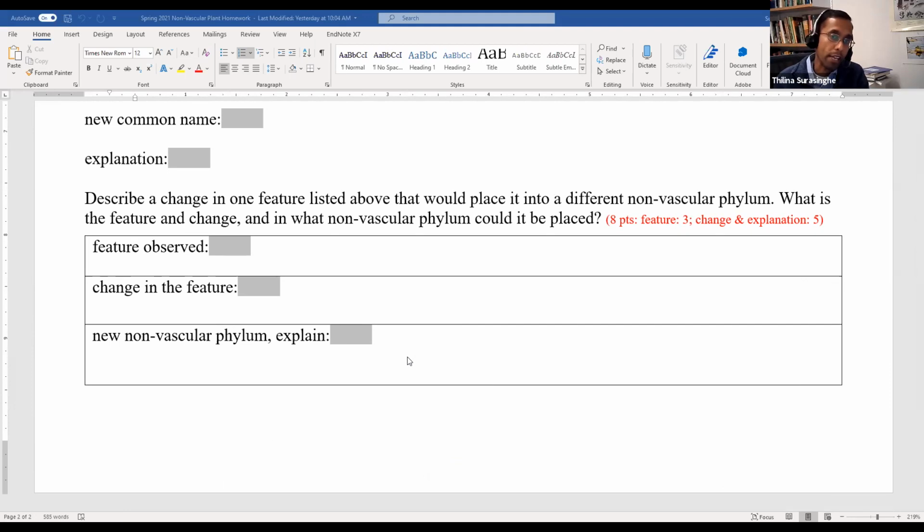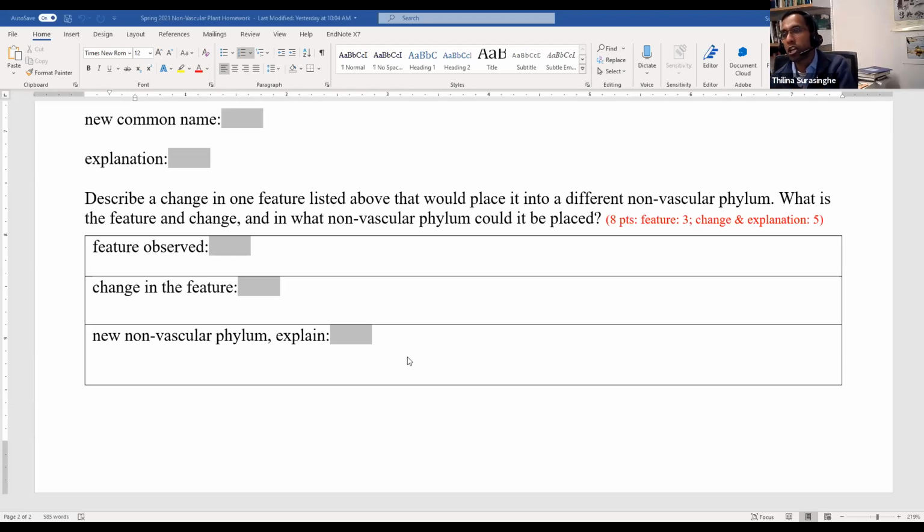So there are 3 phyla. You picked one earlier based on a particular explanation. And then what is a feature and a change, and in what non-vascular phylum could it be placed? What kind of change would make you change your mind?